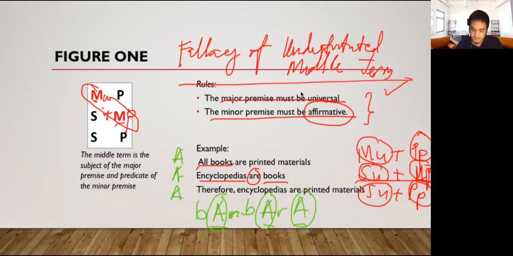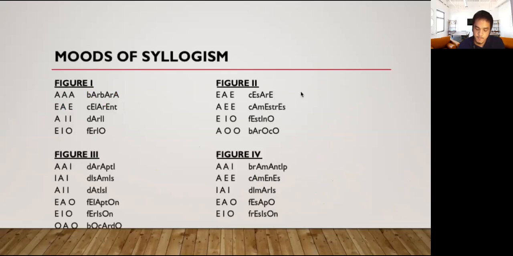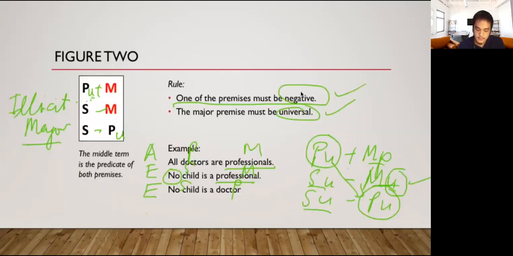Figure 2, we have A, E, E. What mood of syllogism is it? In figure 2, A, E, E, we have Camestres. Okay? Now this is ultimately valid.